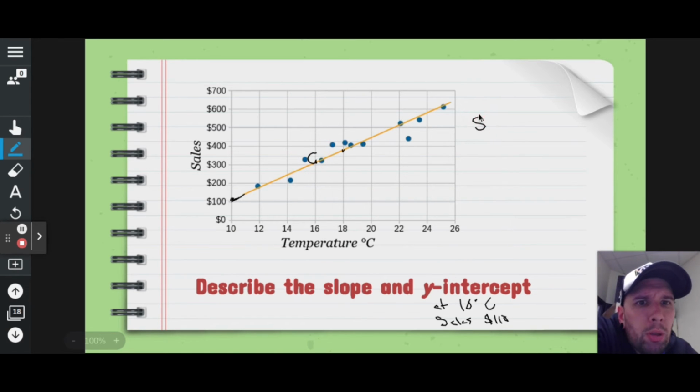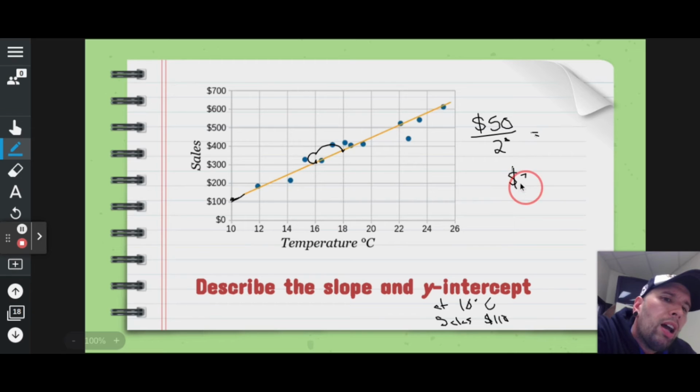So my slope is going to be rise. So $50. So half a block. Each block, as you can see, is $100. So by going up half of a block, I'm saying going up 50. And by going over a full block, that's 2. So $50 over 2 degrees is going to be $25 per 1 degree.